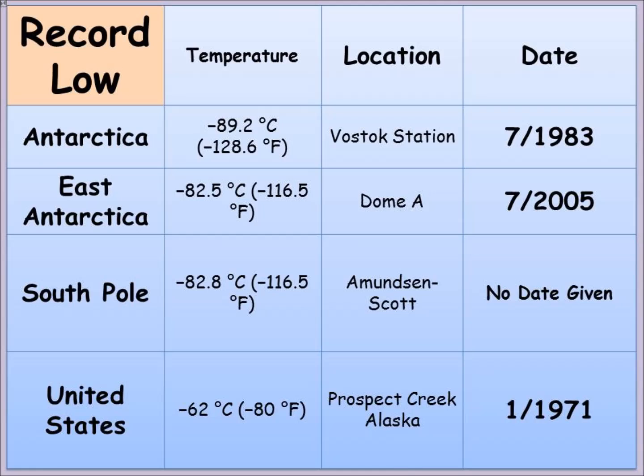Record lows are in Antarctica: East Antarctica, the Vostok Station, the Dome A, the Amundsen-Scott area at the South Pole, and also Prospect Creek, Alaska. So you can see how it can get pretty cold, minus 128.6, minus 80, etc.